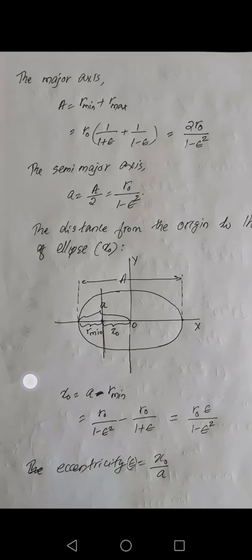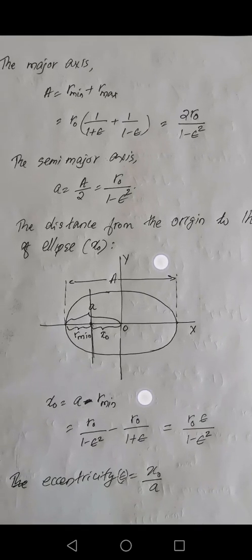That is r0 times (1/(1+epsilon) + 1/(1-epsilon)), so you will get 2 r0 / (1 minus epsilon squared). That is the major axis. Therefore, the semi-major axis, small a, is capital A by 2, that is r0 / (1 minus epsilon squared). So this distance is called the semi-major axis and is given by r0 / (1 minus epsilon squared).